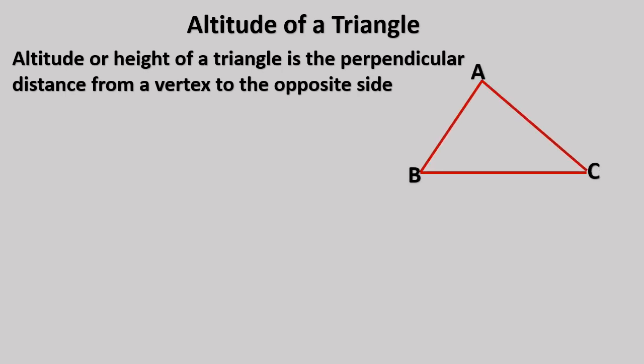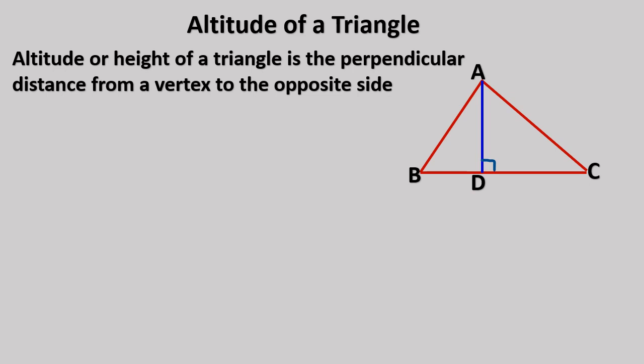So let us see. It's a triangle ABC. So from A to BC, not to the midpoint of BC, it's the straight line down from A, the perpendicular line from A to BC, a 90-degree line. So AD is the height or altitude. AD is not the median.